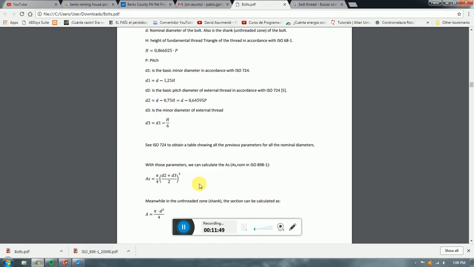So the area that we're going to use for all the calculations is pretty much this one, the AS, which I use as the stress area. There are going to be some cases, for example in a double shear, where one of the shear planes may cross the shank.